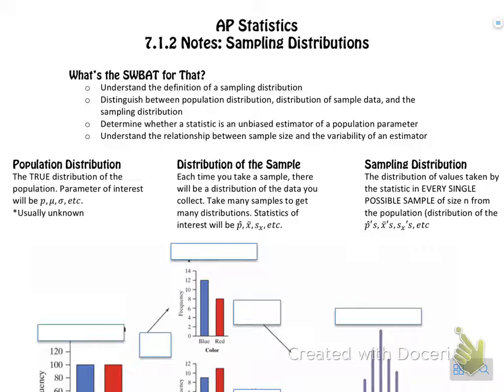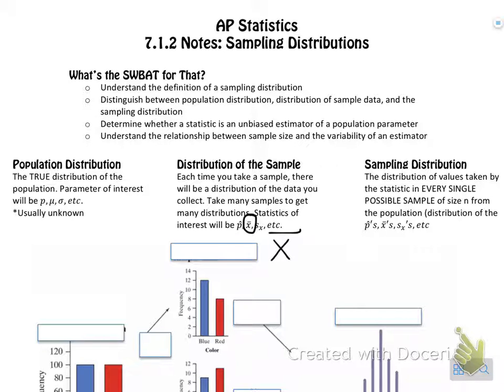Then, sometimes we'll take a sample and we'll create a distribution of that sample. In the height example again, we might take a sample of 100 people in the US, and we'll look at the mean height, or x bar, of that particular sample.